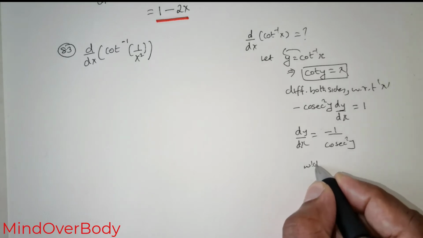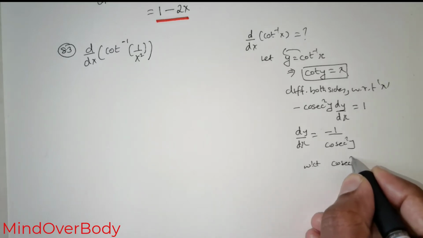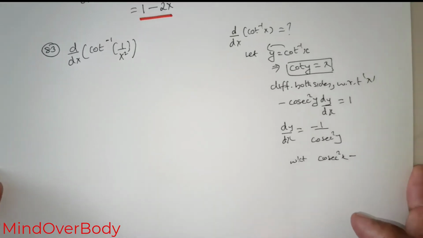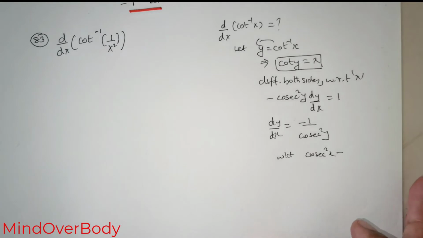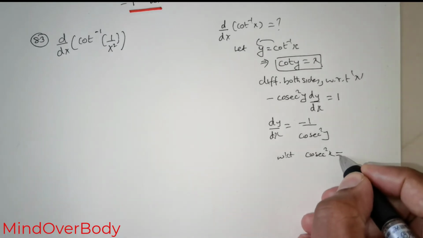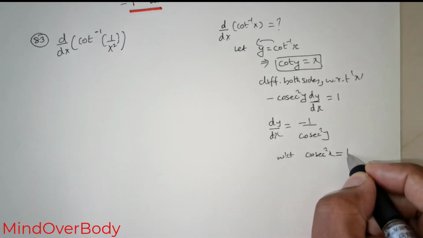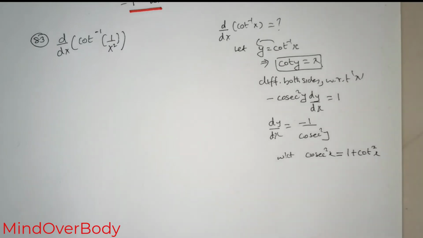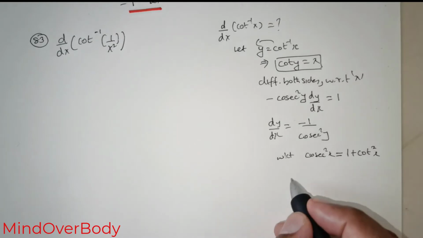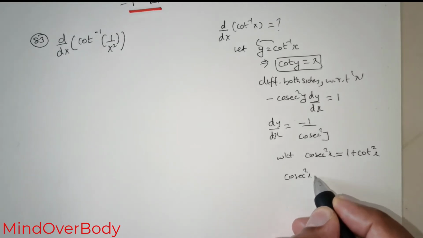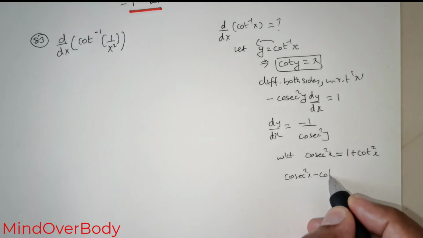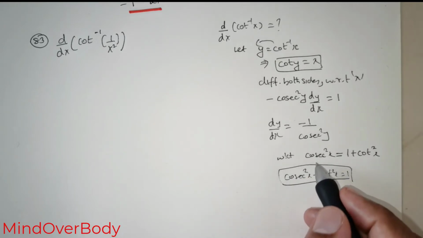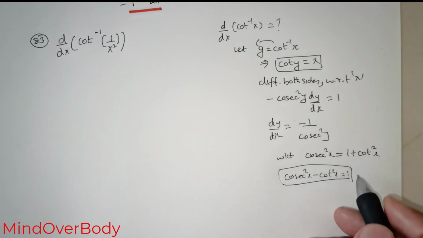We know that cosecant squared x is equal to 1 plus cot squared x. Why do I write this? Because the original formula is represented like this: cosecant squared x minus cot squared x is equal to 1. From here I can rewrite cosecant squared x as 1 plus cot squared x.